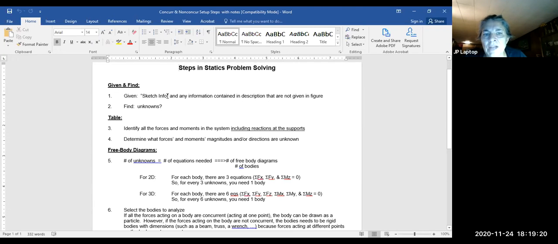Given: you always write sketch info and then you write any information that's given that's not in the figure.